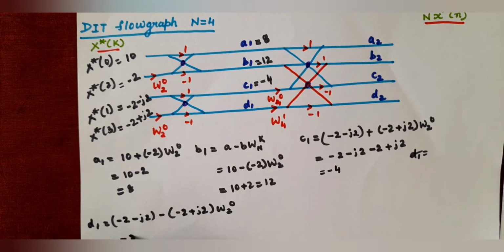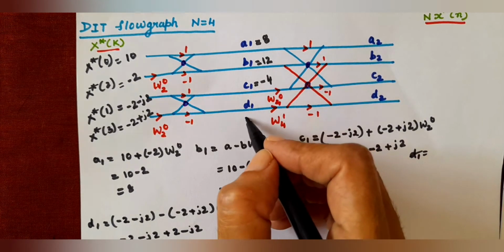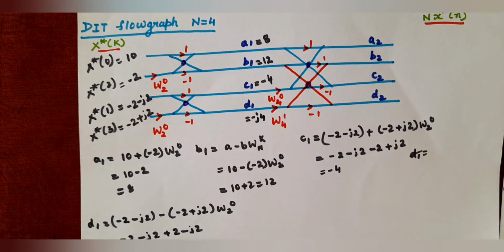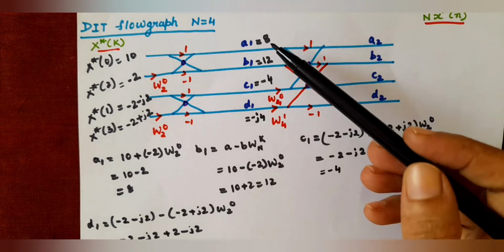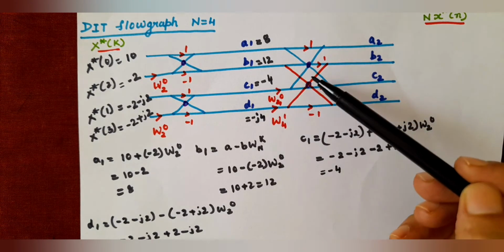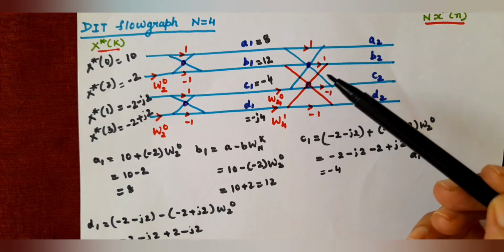So it will come as minus 2 minus J2 plus 2 minus J2. So it will come as minus J4. So D1 is coming to be as minus J4. Okay. So we got the input output as 8, 12, minus 4, minus J4, which will act as input to the second stage of butterfly.